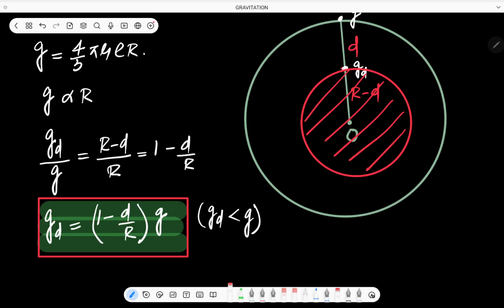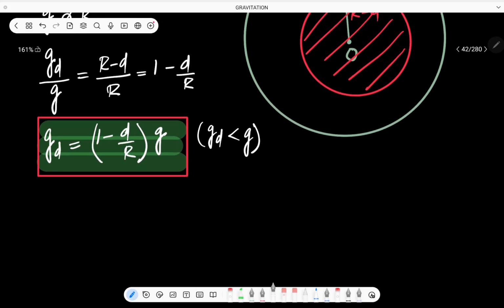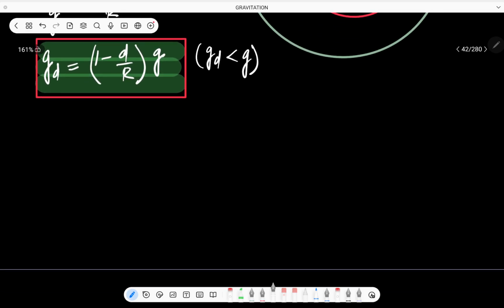So the acceleration due to gravity is maximum at the surface of Earth, and as you move from the surface of Earth to the center of Earth, acceleration due to gravity will decrease. तो important point यहाँ पे मैं लिखने जा रहा हूँ, plot gd versus d graph.